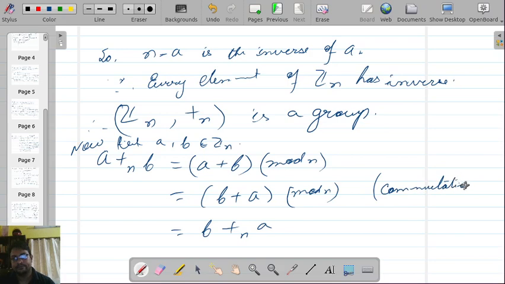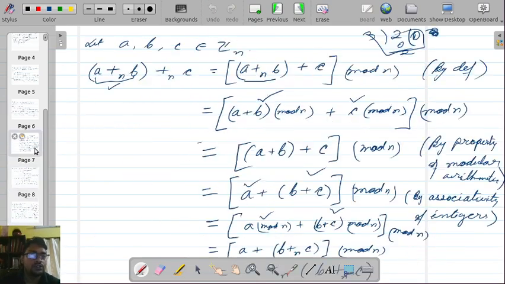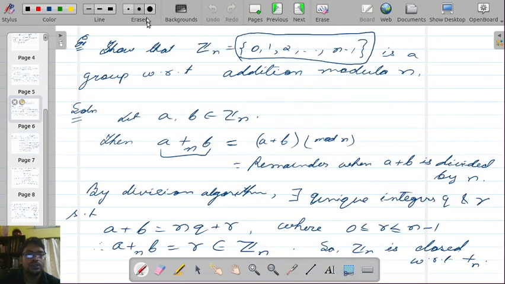Therefore Zn is an abelian group. So we have proved that the set of integers modulo n is a group with respect to addition.